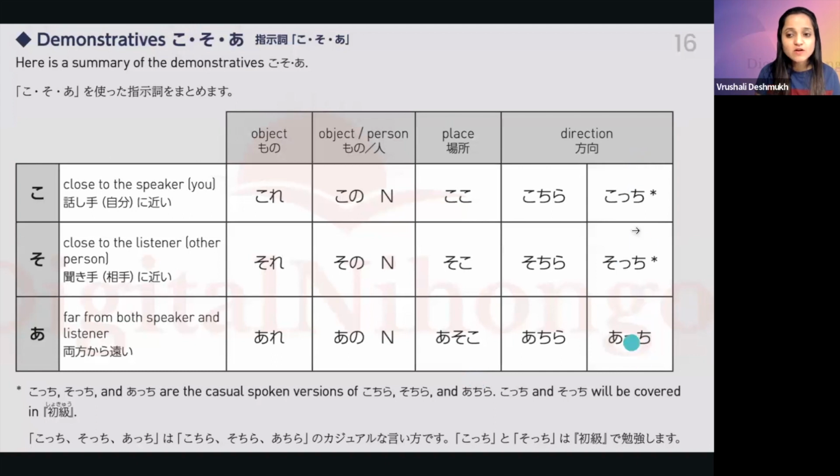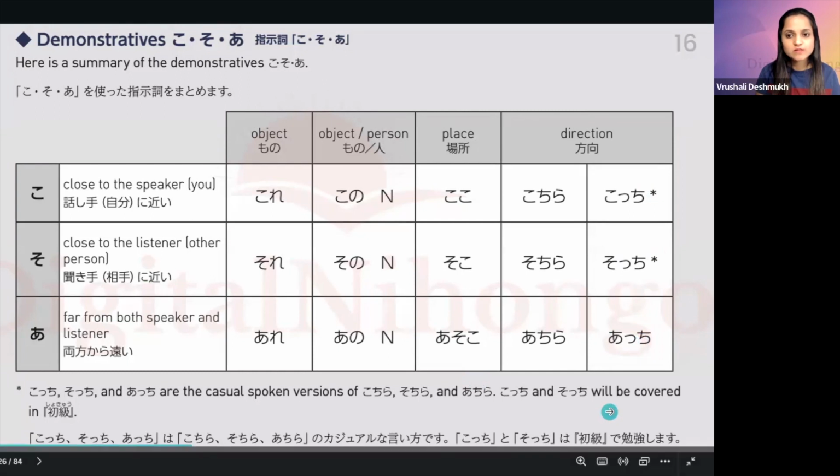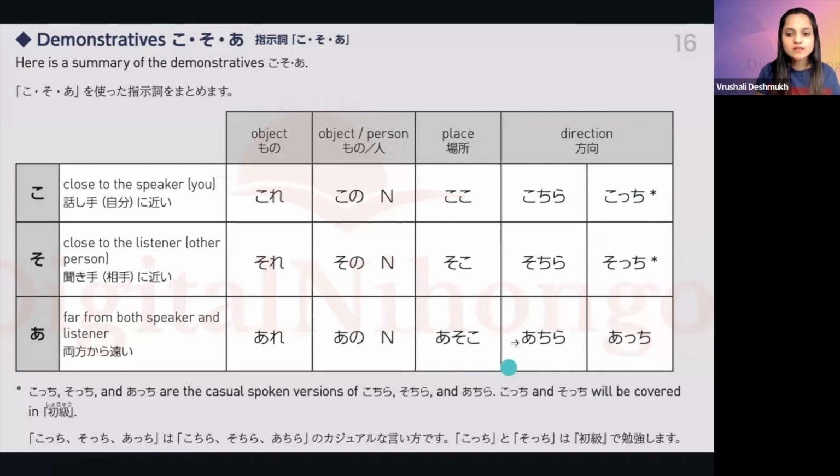Now this is a special column, kochi, sochi, achi. These are the words which are used in casual spoken language. With friends or family, it's okay to use these words. Kochira, kochi, sochira, sochi, achira, achi.